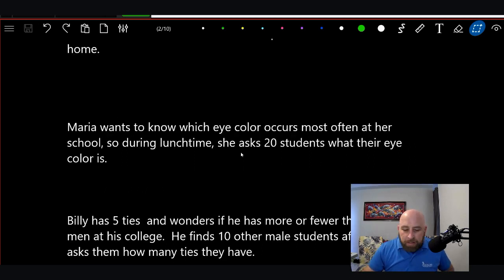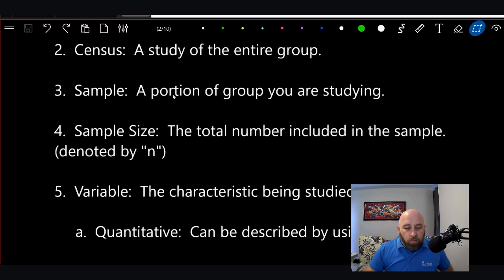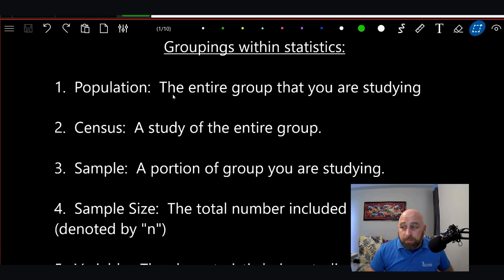Maria is letter B. Maria wants to know which eye color occurs most often at her school. So during lunchtime, she asked about 20 students what their eye color is. All right, so let's talk about Maria's survey here. What is her population? Well, that's an interesting one.